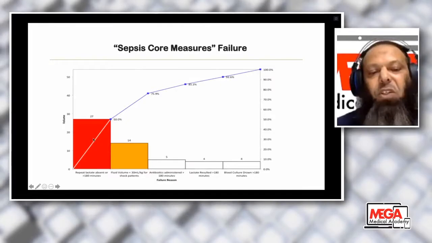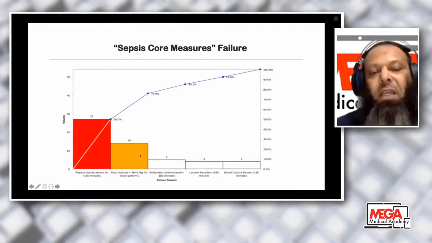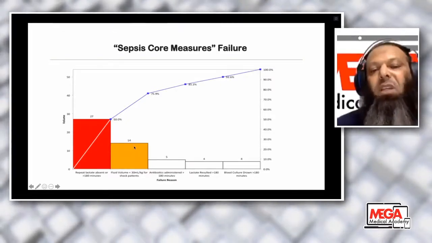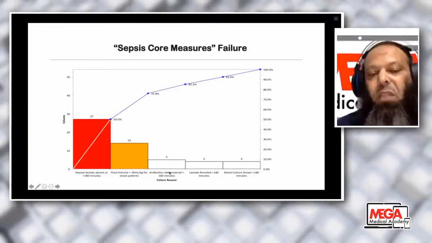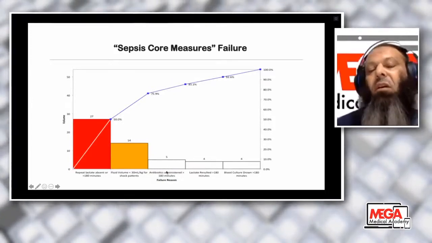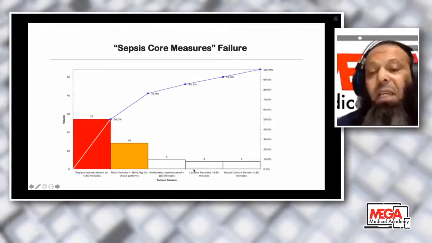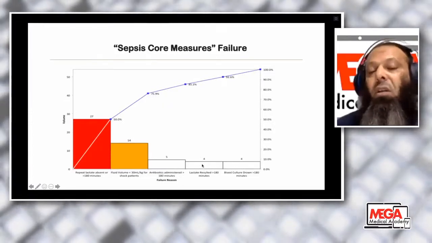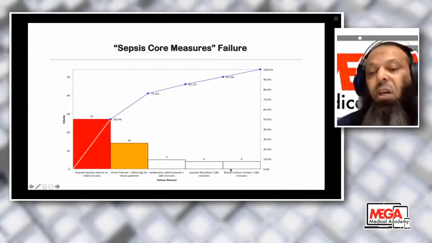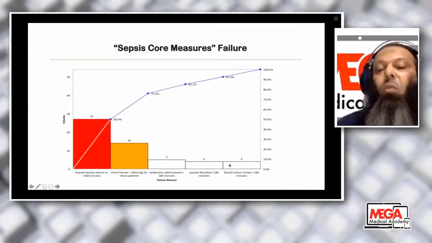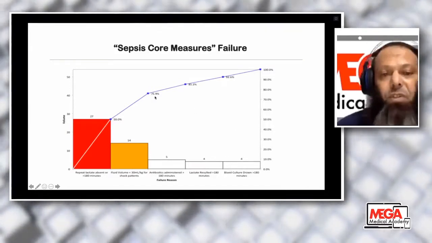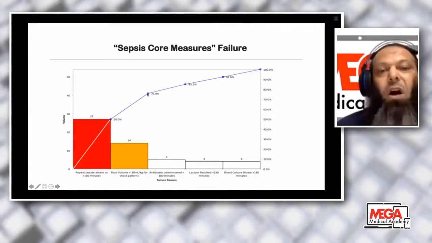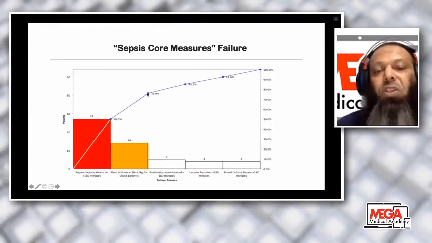So here is the lactate measurement repetition, here is the fluid administration less than 30, antibiotic administration more than 2 hours, lactate result in more than 3 hours, blood culture drawn more than 3 hours. So this is the failure analysis of the sepsis core measures.